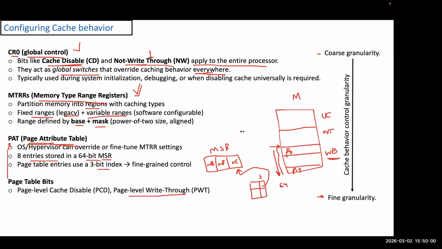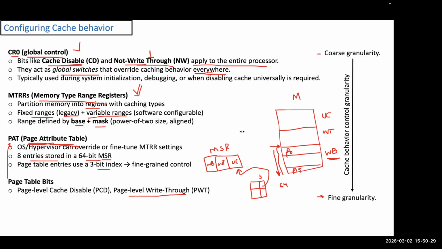So if, let's say, you are making updates in the non-volatile memory, you don't want to end up in a situation where your updates have not yet reached the memory but are in the cache. You have made updates on the data, but those updates are in the cache, not yet in the memory. And let's say you lost the power. What will happen? Since your caches are volatile, the data will be lost.